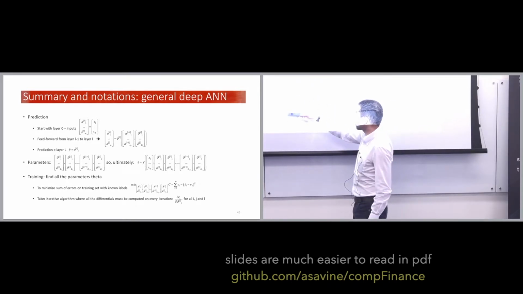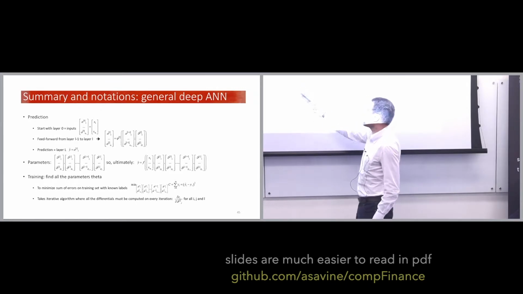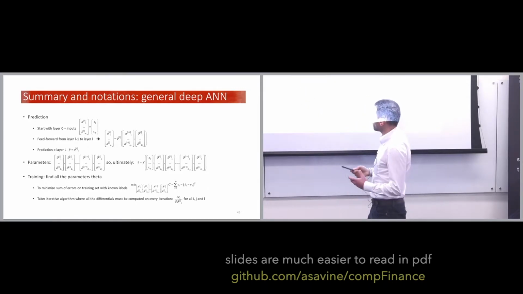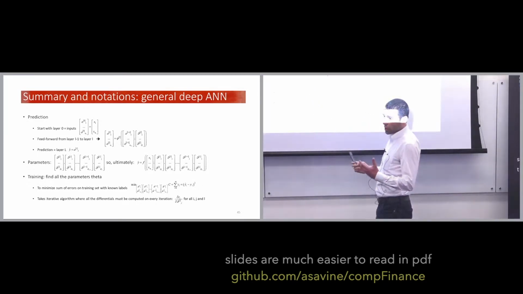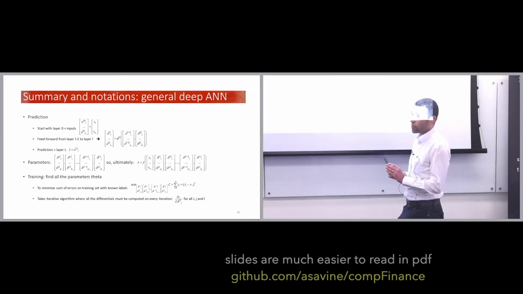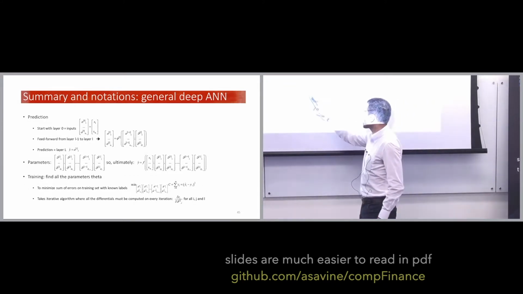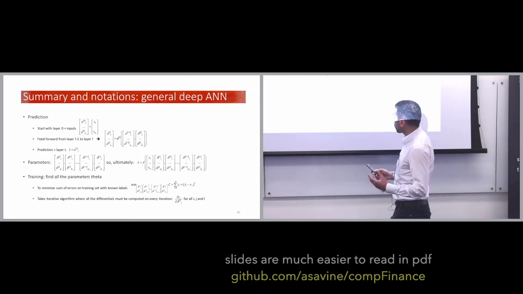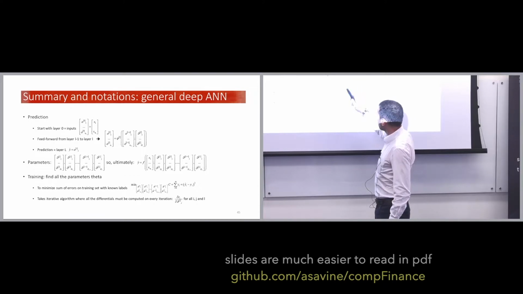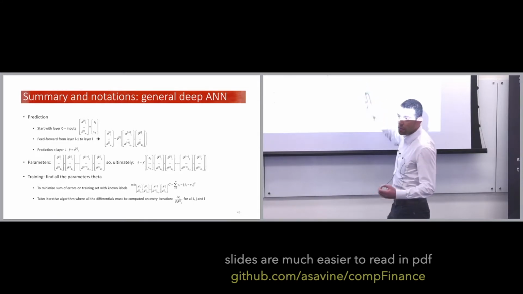We have layer 0. We will eventually get to layer capital L, the last one. And this layer L is just our prediction, right? And this, we decided that it will be in dimension 1. So this is just a real number or a vector in dimension 1, which is the same. And the last layer is our prediction. So the parameters here at every layer L, I have a set of parameters, theta L, which is a vector in some dimension dL.